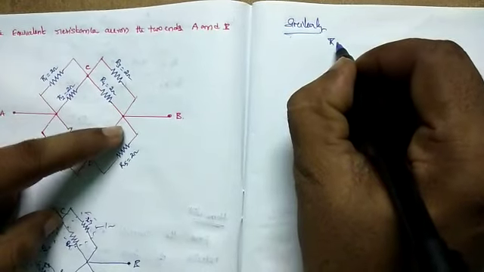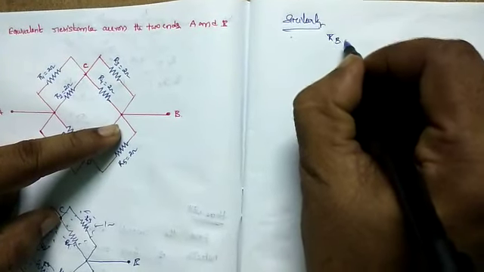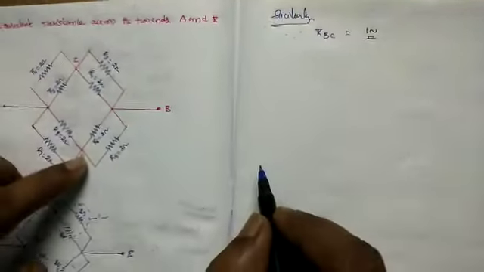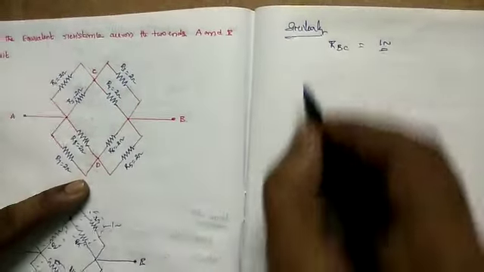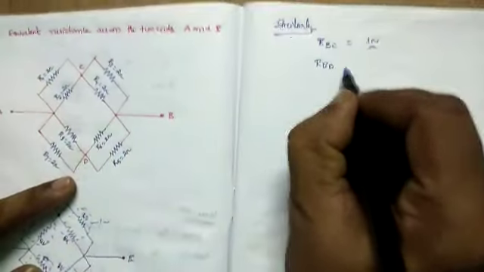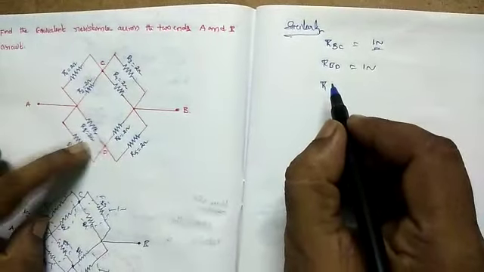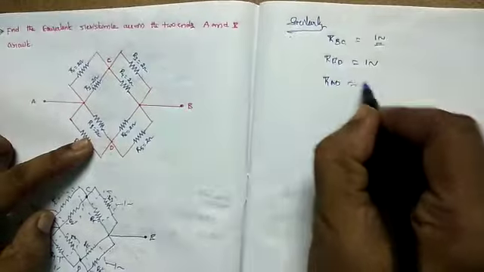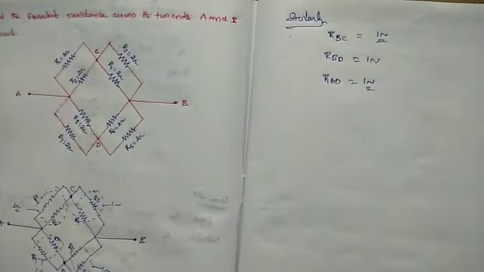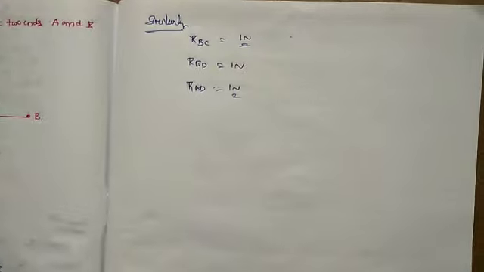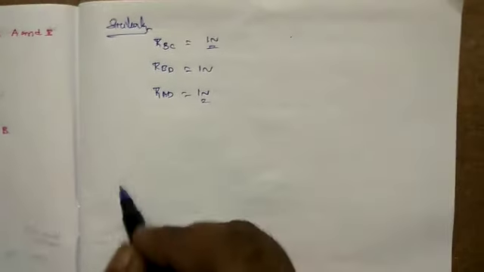Similarly RCB, or RBC, equals 1 ohm, and RBD equals 1 ohm, and next RAD equals 1 ohm. So what is the new circuit diagram?